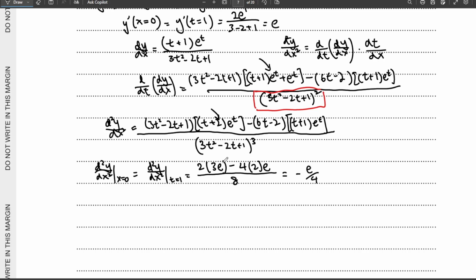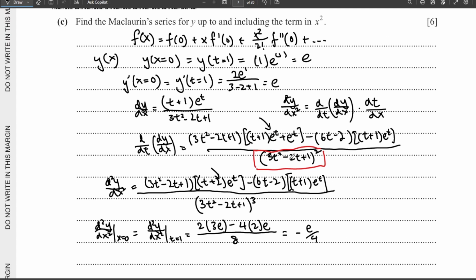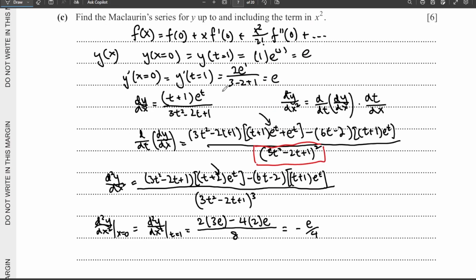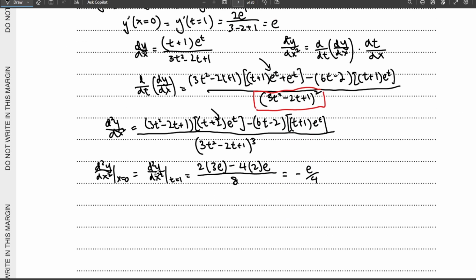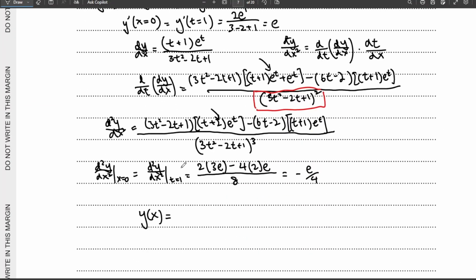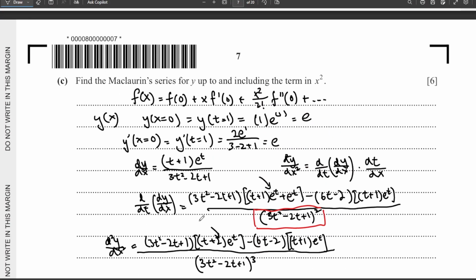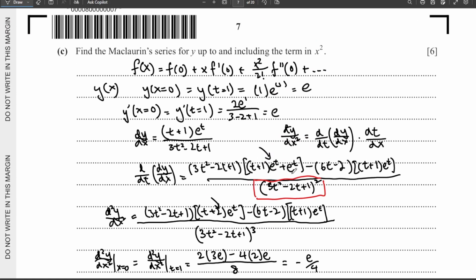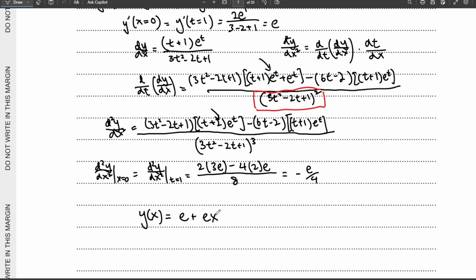You should be able to find that your second derivative evaluated when x equals 0 is negative e over 4, and therefore we substitute back into the Maclaurin series, so we get the approximation y of x. The first term we just leave as is, so it's just e. Then the second term you have e multiplied by x.